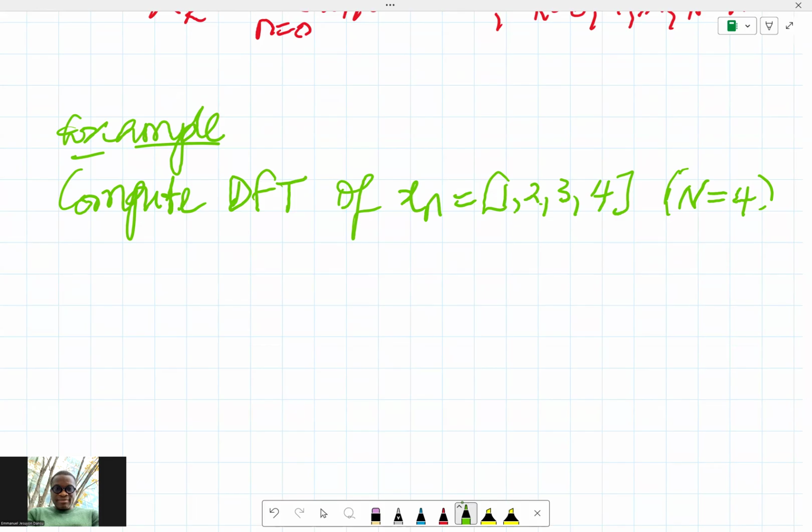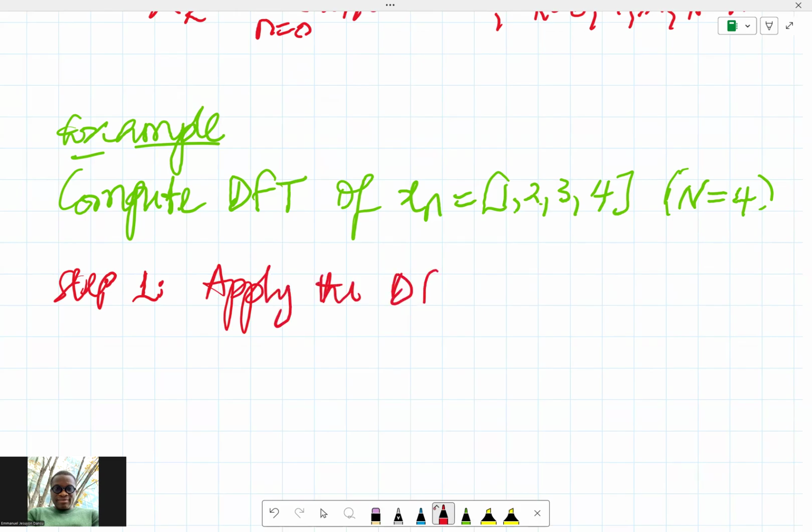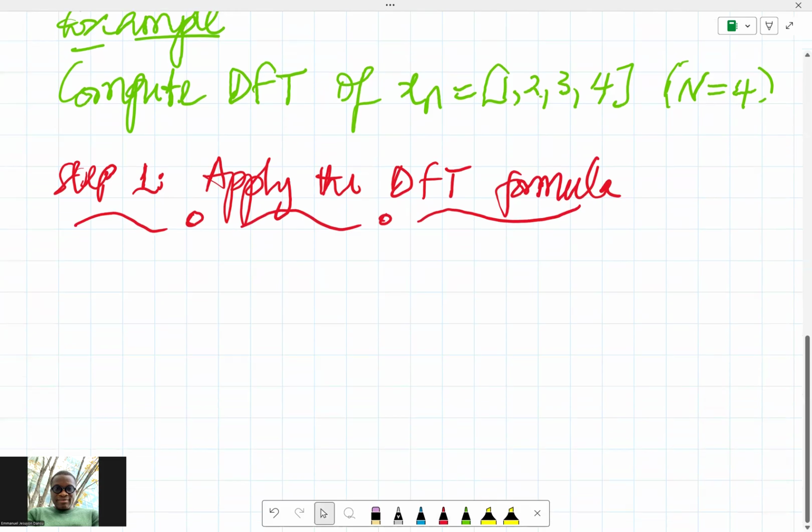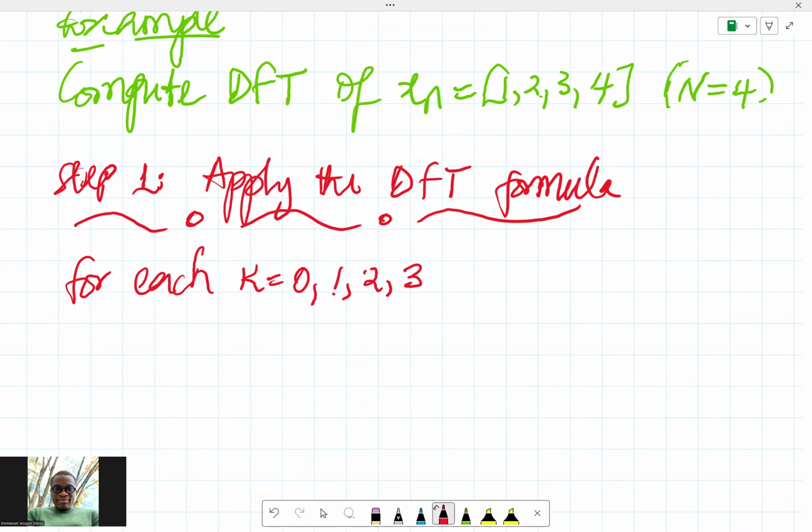So let's go step by step now. Step one, we apply the discrete Fourier transform formula. That's the first thing we do here. So we say for each k, which is, of course, you start from 0 to N minus 1. And N is 4 here. So we say k equals 0, 1, 2, 3. 3 is 4 minus 1.